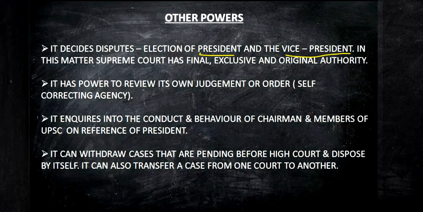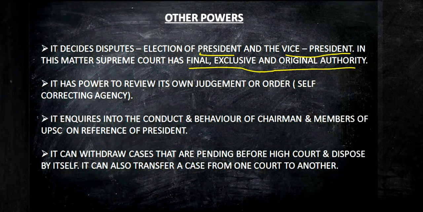Any dispute regarding the election of president and vice president can be brought into the notice of the Supreme Court only, and the Supreme Court has the power to give its judgment, and that judgment regarding the disputes of president and vice president is final, exclusive, and it has the original authority. That means it has to be implemented.